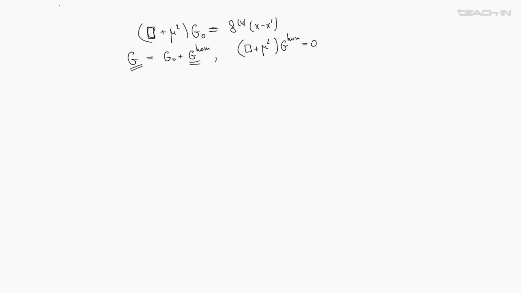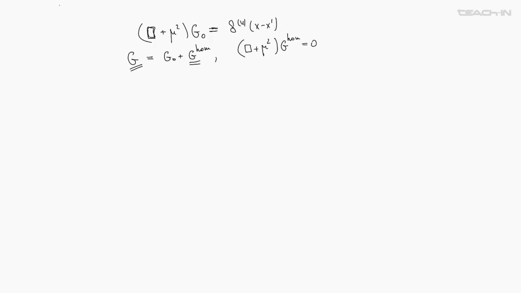For instance, you can have a retarded solution. For instance, you can have an advanced solution. And what is more interesting to us is another type of solution, which is called the Feynman propagator. Retarded means just a specific property that the Green's function appears to be developed after the action of the impulse.